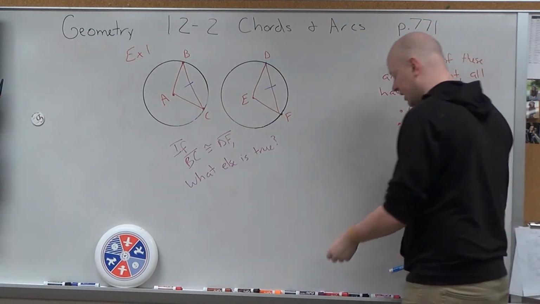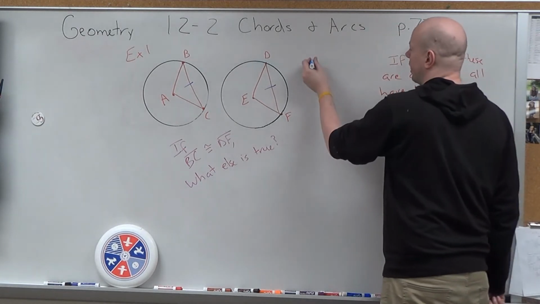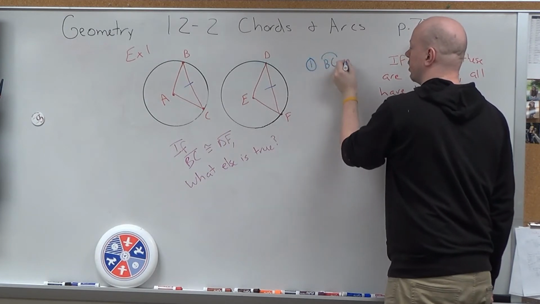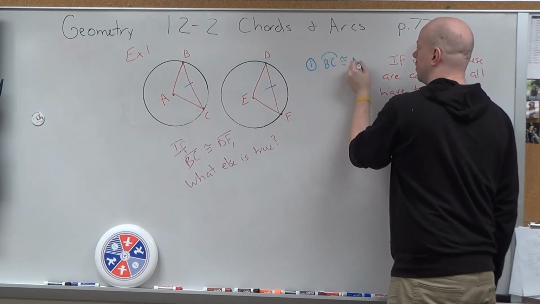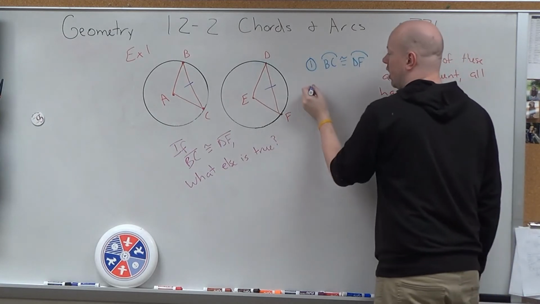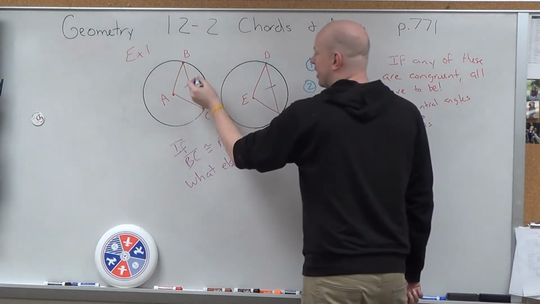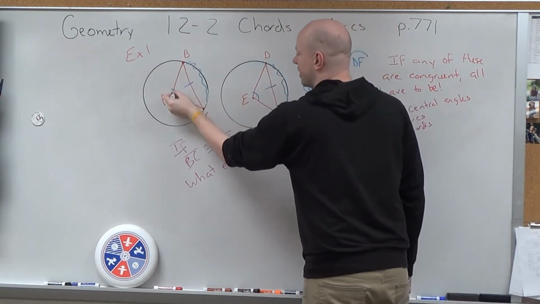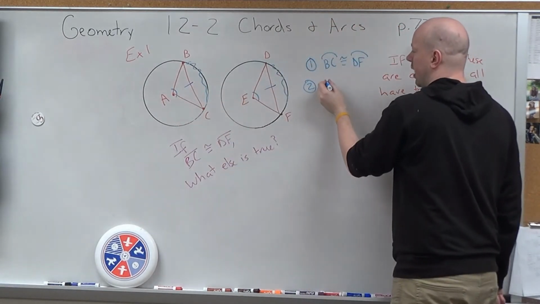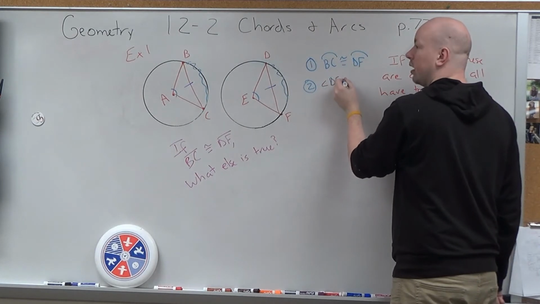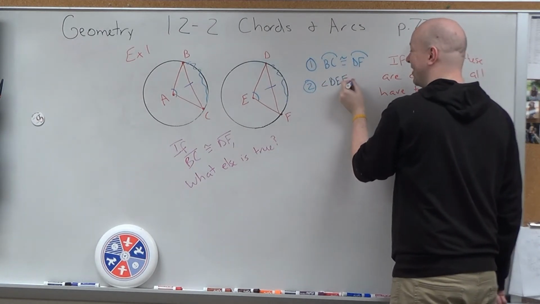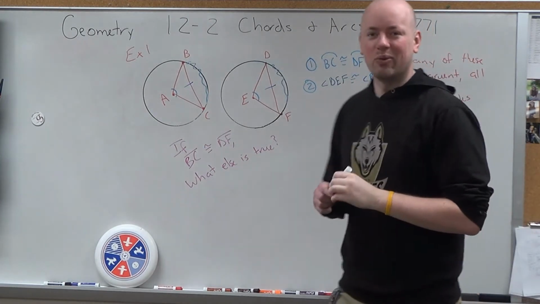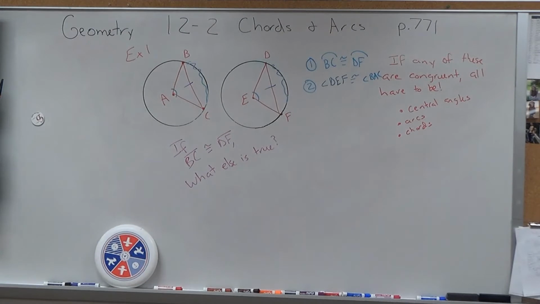So, if my chords have to be congruent, then I automatically know that, one, my arcs are congruent, and I also know that my angles have to be congruent as well. So angle DEF is congruent to angle BAC.